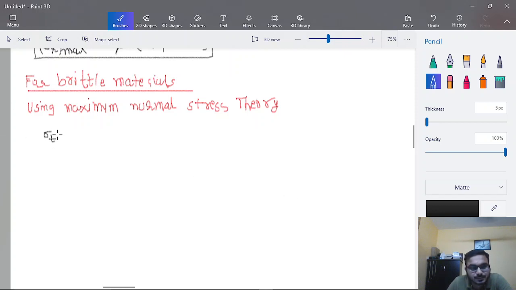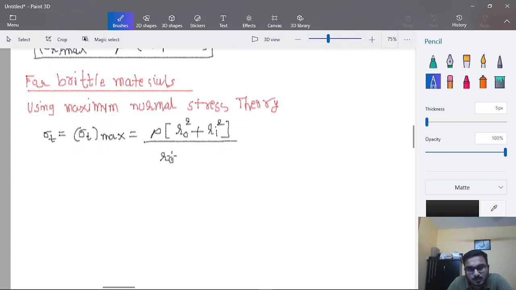Sigma t is equal to sigma t max is equal to P into Ro square plus Ri square divided by Ro square minus Ri square.